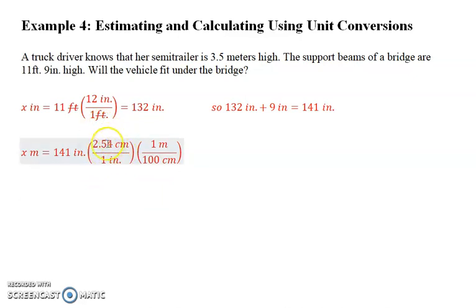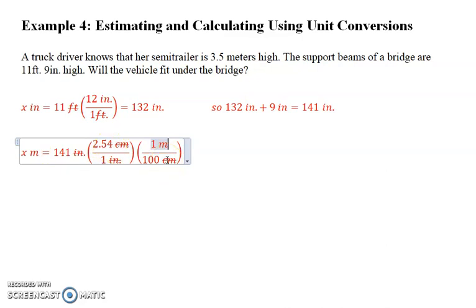Remember, we can do this as many times as we need to. The inches are eliminated, leaving us with centimeters, because the conversion factor is 1 inch is equal to 2.54 centimeters. And then we got to switch the centimeters into meters. So we divide the centimeters, and 1 meter is equal to 100 centimeters. So we're going to multiply the 141 inches by 2.54 and then divide by 100.